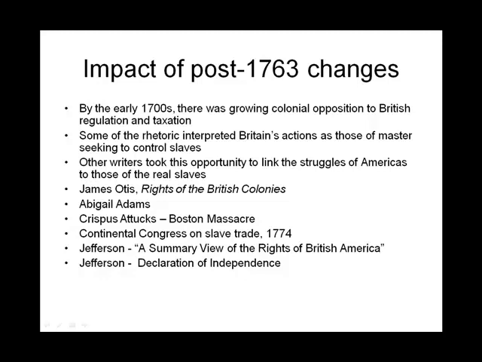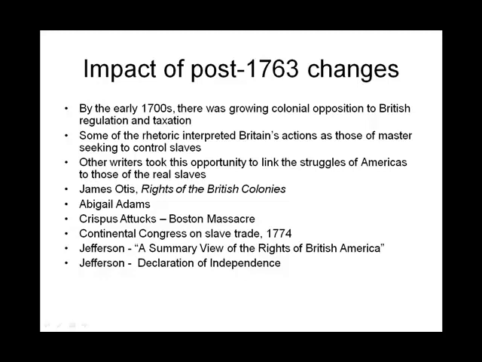In 1774, the colonists go on board this ship and dump the tea into the harbor in Boston. The British respond by passing what's called the Intolerable Acts, closing the port of Boston, among other things. And the colonists respond by calling their Continental Congress together and saying, we are not going to import any more British goods, and we're also not going to import any more slaves.